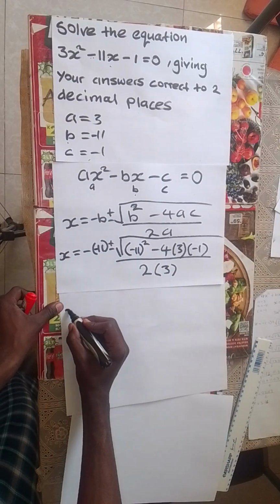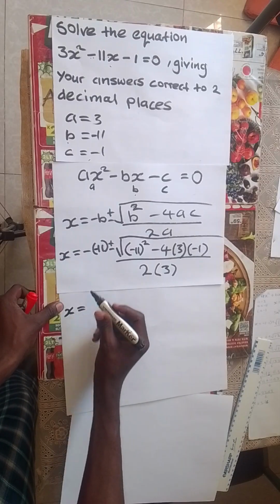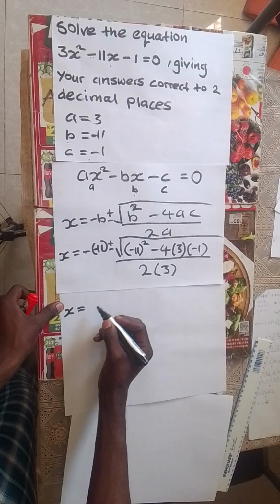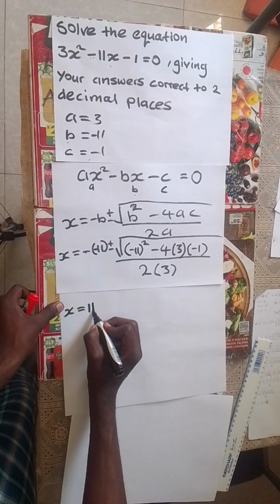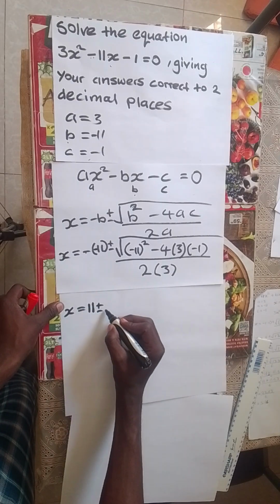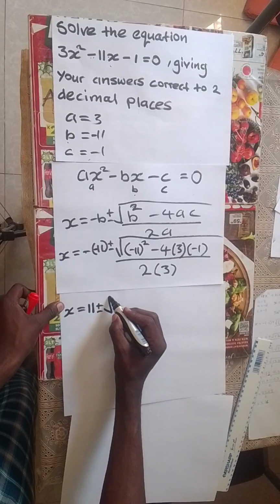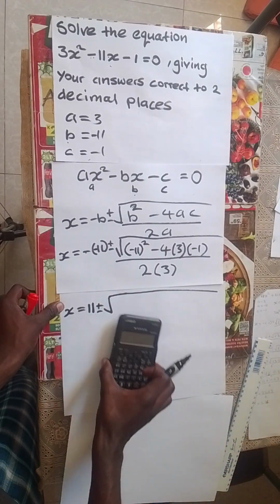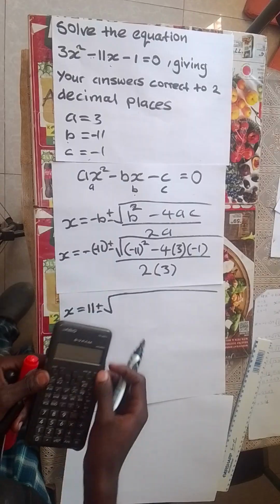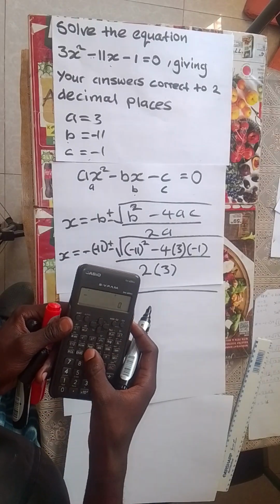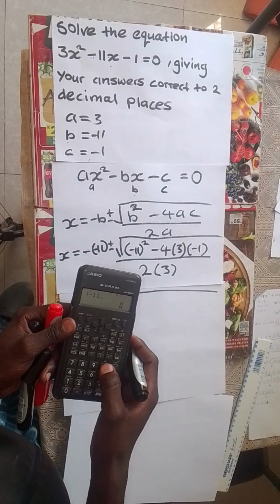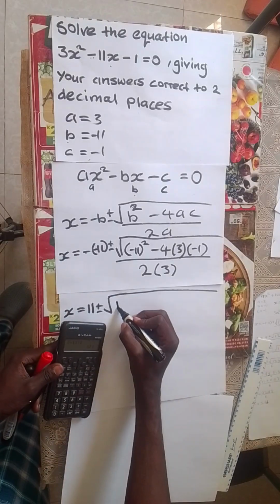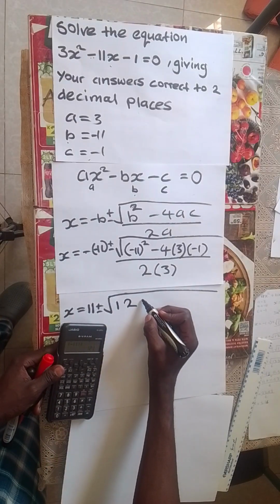So equals negative times negative. We are getting a positive. So here we'll get our calculator. Negative 11 to the power 2, I'm getting a 121.